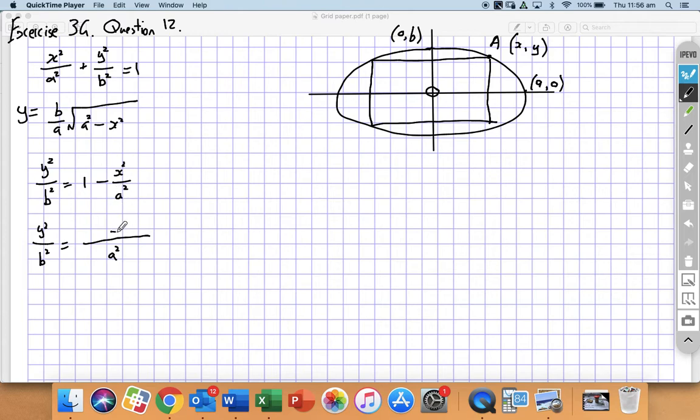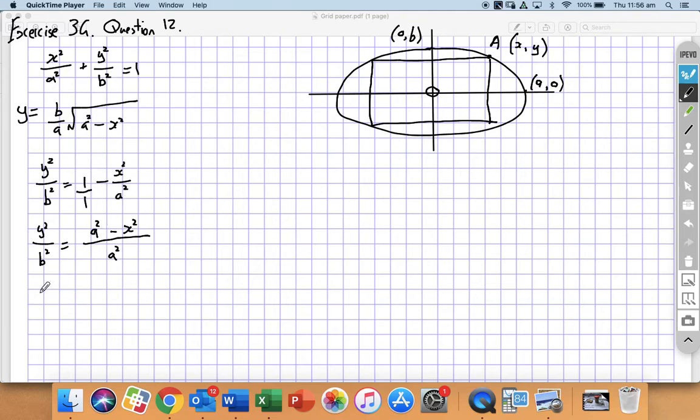That's fine for the x squared, it already had that denominator. But how are we going to do that for our 1? We're going to have a squared, aren't we? Because at the moment, that's the denominator. How am I going to make it an a squared? I have to times that by a squared, therefore have to do it on top as well.